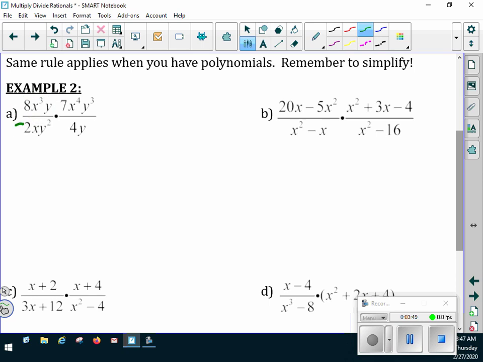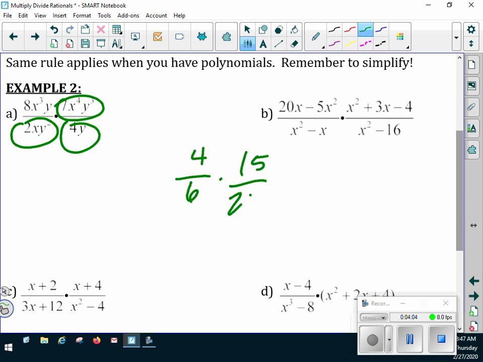What about that denominator? 1 term also. 1 term, 1 term. So I've got 2 fractions and all we've got is monomials. We're going to treat that, folks, just like we treated this.